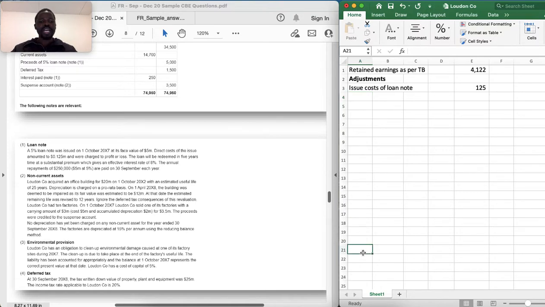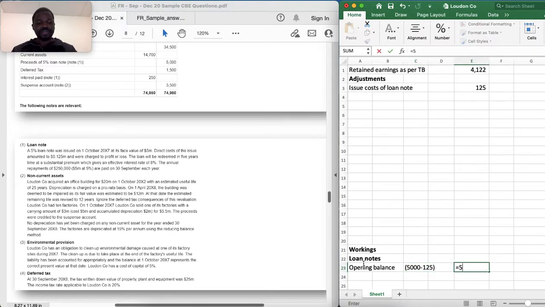So now let's go down and put our workings here. We start with the loan note. Then we say opening balance, because it was issued at the beginning of the year. So we'll say 5,000 less we offset the issue cost.